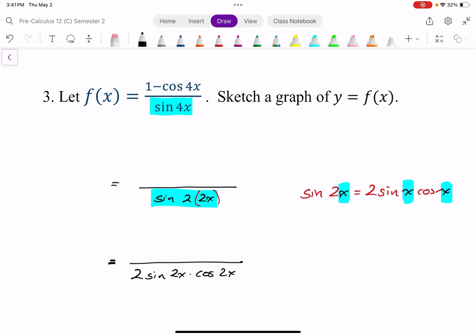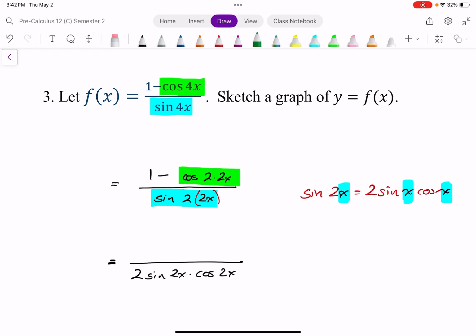And I can do something similar with my numerator. I can use my double angle identity for cosine. First, by imagining cosine, instead of cosine 4x, I'm going to write it as the cosine of 2 times 2x. And again, I have a choice of a few different identities for cosine. But if I look at my numerator, I'd like that 1 to cancel out.